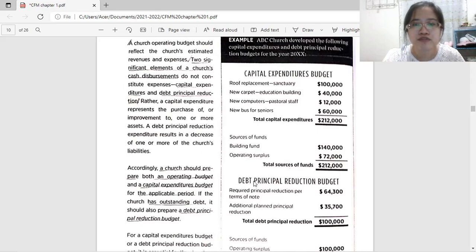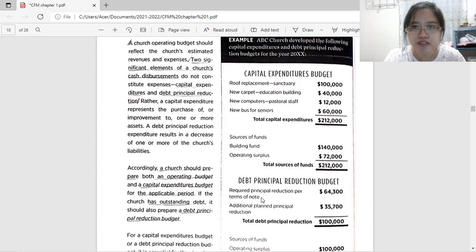And then for the debt principal reduction budget, essentially if the church has loans or borrowings, of course, they need to include in their budget the repayment, or the reduction of that obligation. So they reduce the obligation by repaying. They have to pay back the borrowings.